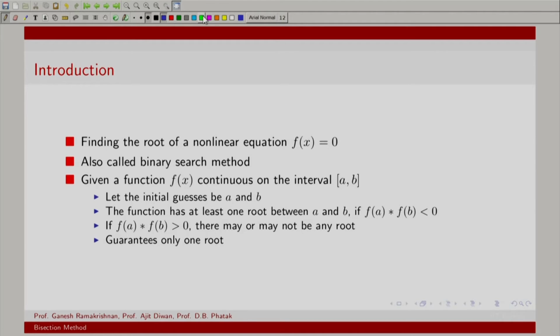Now, we are typically interested in a nonlinear equation. For the linear equation f(x) equal to 0, the solution should be very straightforward. Basically, you are looking for the x coordinate corresponding to the y intercept of 0. So, it is very trivial.